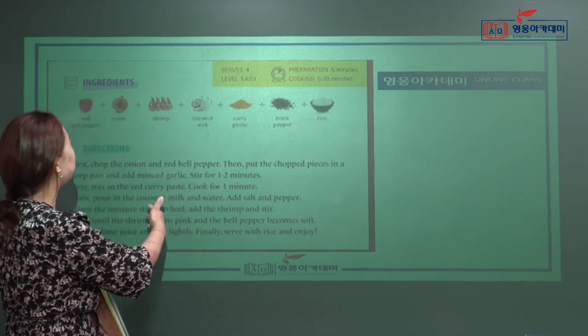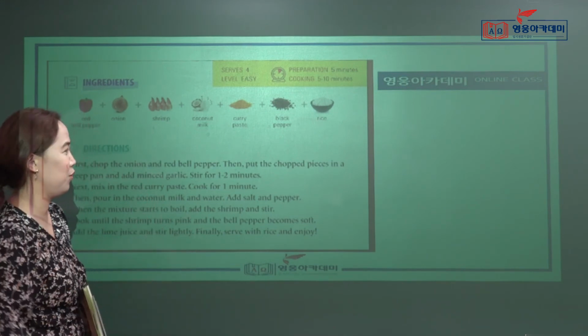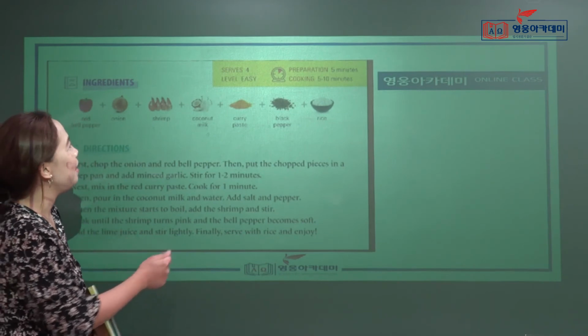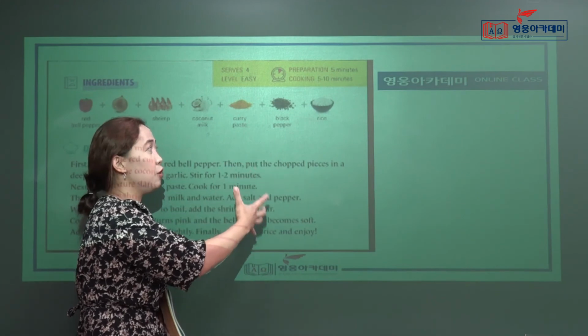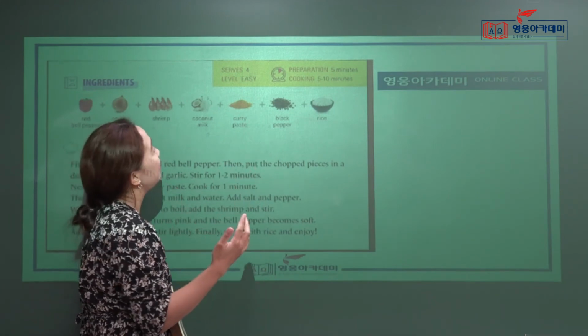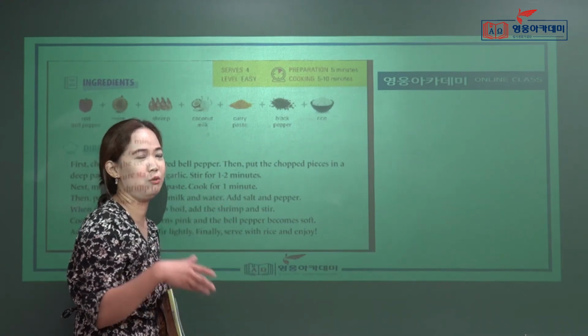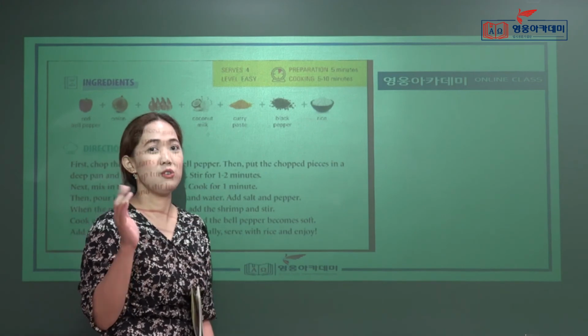But the recipe says red bell pepper, so just follow the instruction if you ever want to cook this recipe. And it says here, serves one. What does it mean? It means this is just good for one person. And then level, easy. It means this recipe is easy to do. Like you can do it if you want, but you are kids, so maybe you can't.